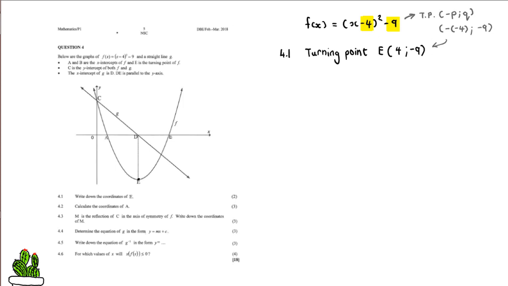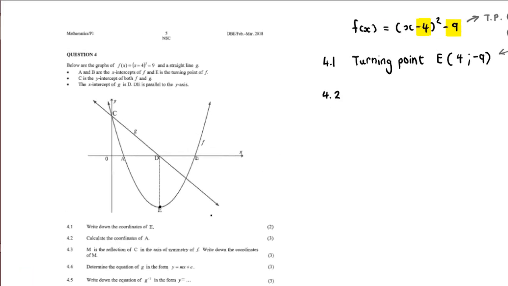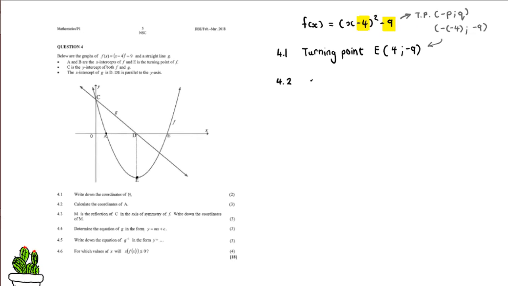Right, let's move on to question 4.2. They now say calculate the coordinates of point A. Okay, so point A is over here and point A is the x-intercept of your quadratic function. Right, to find your x-intercept, you need to set y equal to 0.